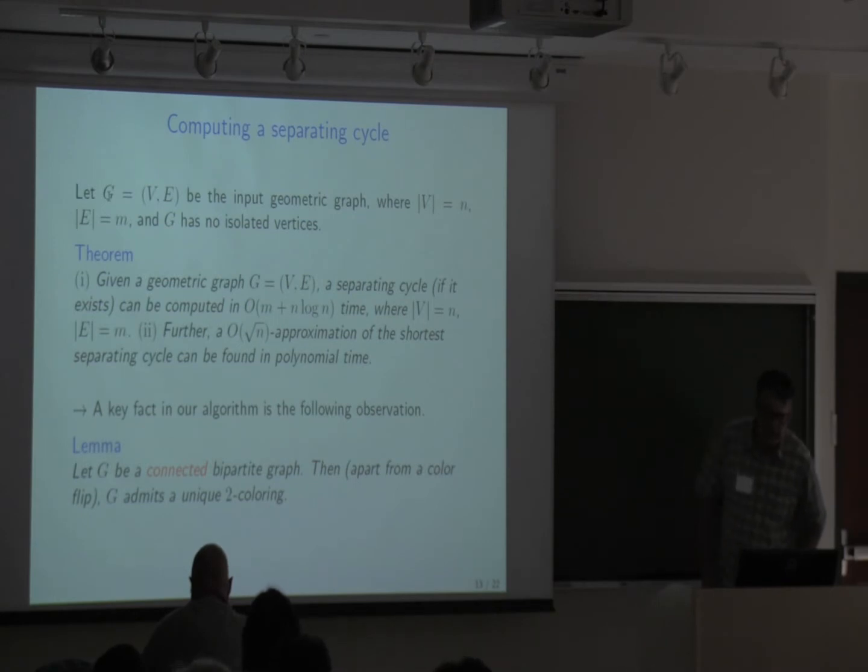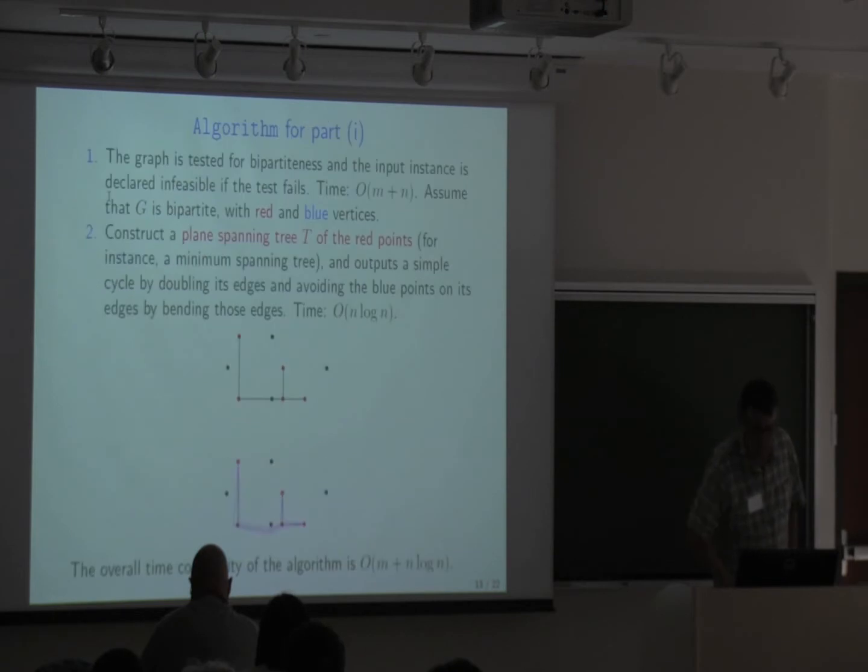How to compute a separating cycle, you already saw from the previous slides. Essentially, the second part is more interesting, how to do this relatively weak approximation, is based on this lemma. Very simple: if you have a connected bipartite graph, then you essentially don't have many colorings. You just have one, or you flip it.